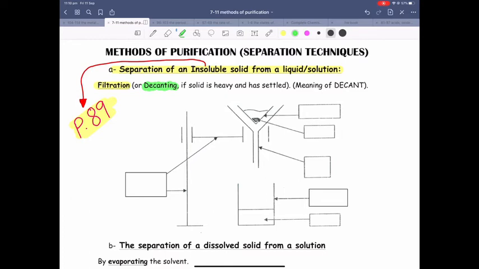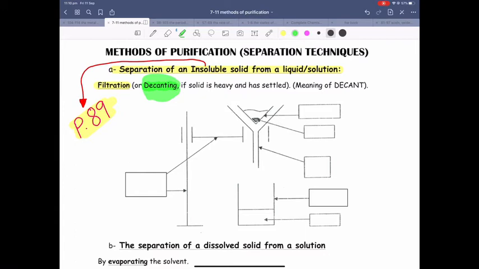So I'm telling you again, as I always tell my students every single year, do not use decanting instead of filtration unless you have no choice. For example, if the question says, other than filtration, describe a way of separating an insoluble solid from a liquid, right? So there you've got no choice because they said other than filtration.